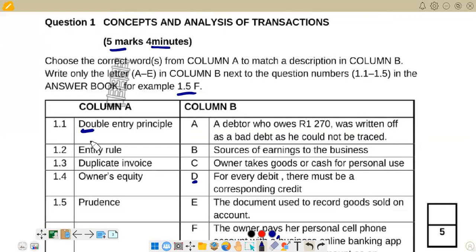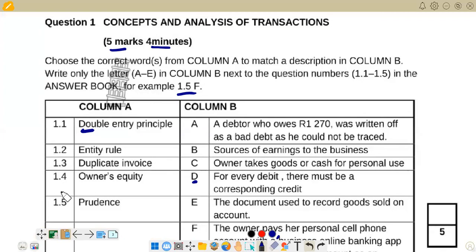The transactions associated with the business must be recorded separately from those of its owner. The business must be accounted for and treated as a separate entity from its owner. So the separation should be there between the owner and the business.